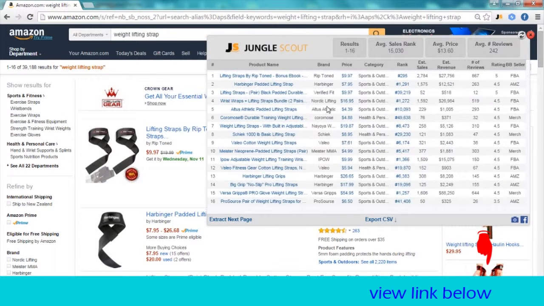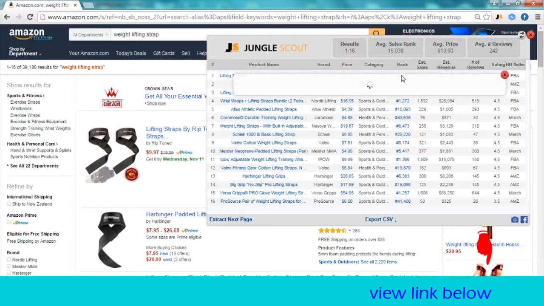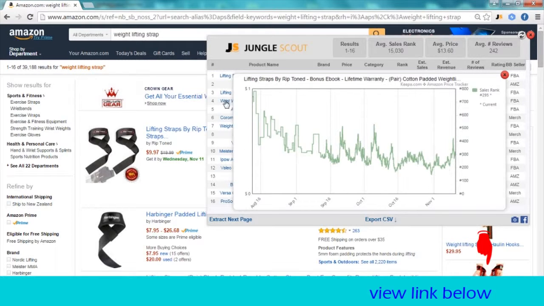over the last couple of months, and it'll give you how the rankings have gone up and down. Those spikes in rankings can be due to the giveaways, promo launches, and all sorts of things.